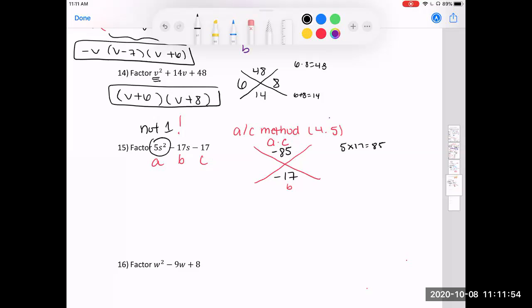Okay. There's no such numbers that would multiply to give us 85 and add to give us negative 17.